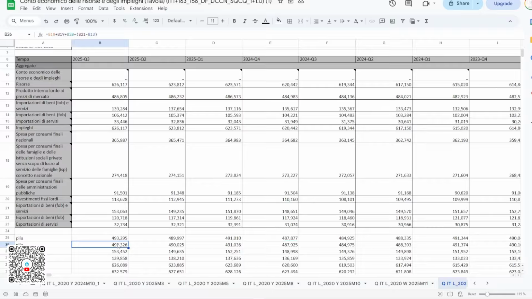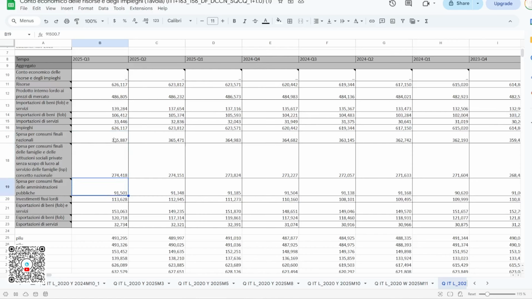And I used another method. Instead of taking the B17, so you need to understand that this one, final consumption on an aggregate national level, is the sum of family consumption plus government.